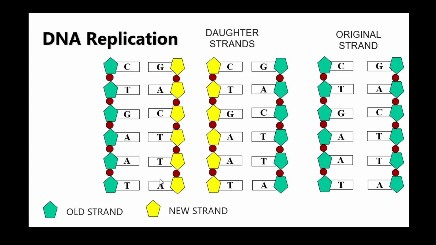The only difference is that one part of each daughter strands or daughter DNA would be coming from the old or the original strand, and another part would be a new strand. Again, this is what we meant by saying semi-conservative during the start of our discussion.